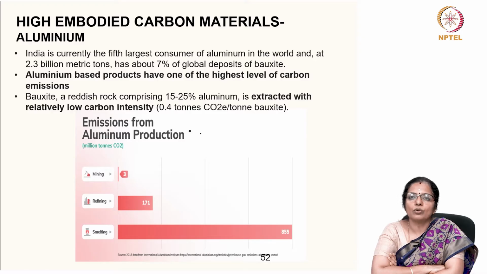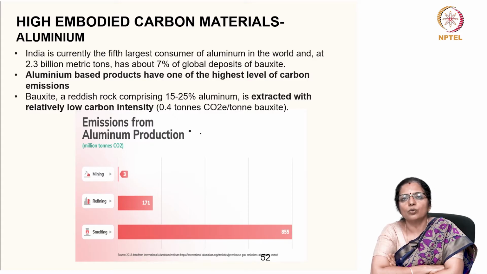Bauxite is the ore. It's a reddish rock and comprises 15 to 25% aluminum. And after its extraction, which itself is a process requiring a lot of sensitivity to the environment, because forests have to be destroyed to procure bauxite.